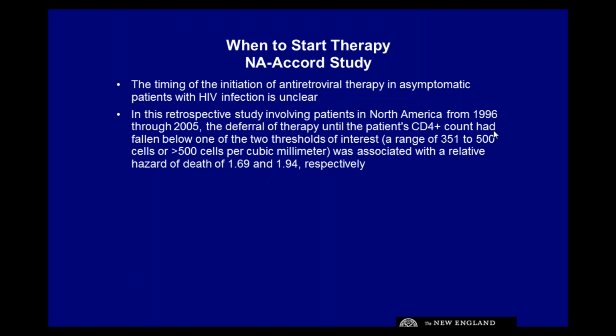And what happened was that if someone had a CD4 count of 500 and you waited till their CD4 count fell below 350, they had almost double the chance of dying than if you started treating them when their CD4 count was 500. Or if they started somewhere between 350 and 500 versus not starting until they dropped below 350, they were more than 1.5 times likely to die.